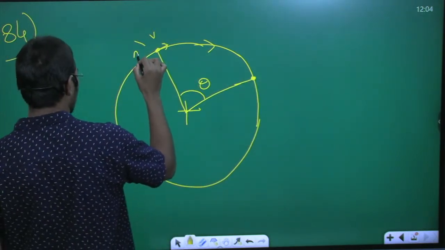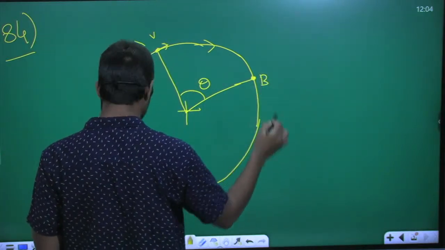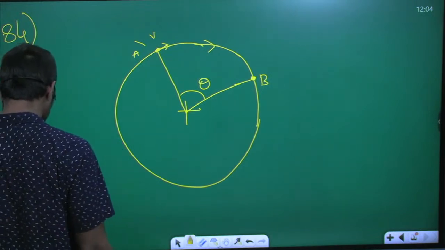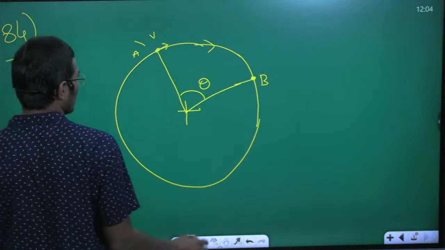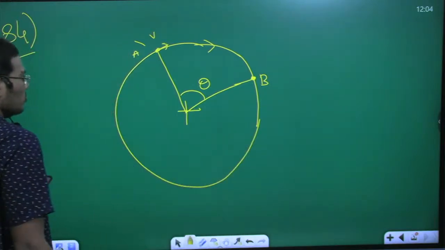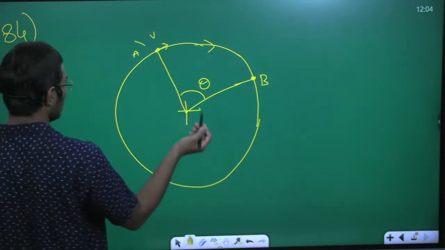So from point A to B, let's consider this as point A to B. A particle is moving in a circular path with a constant speed.